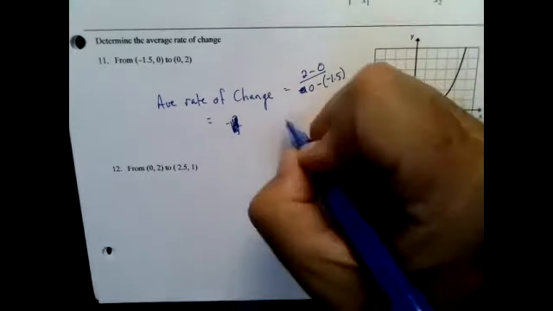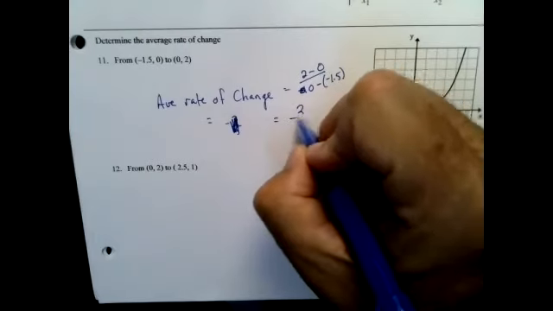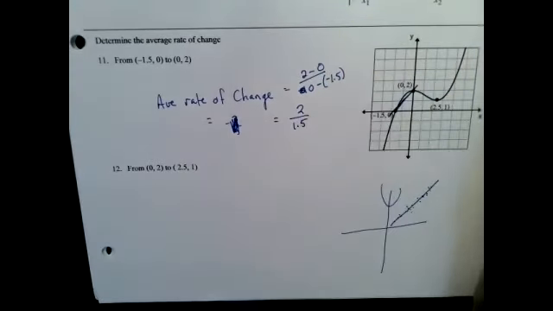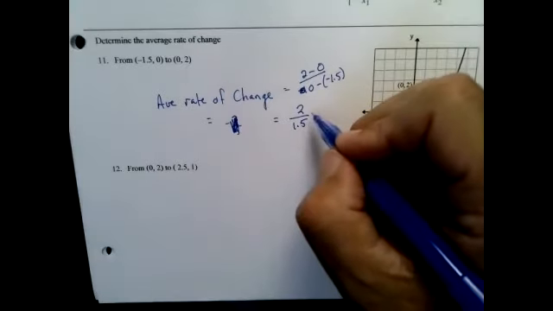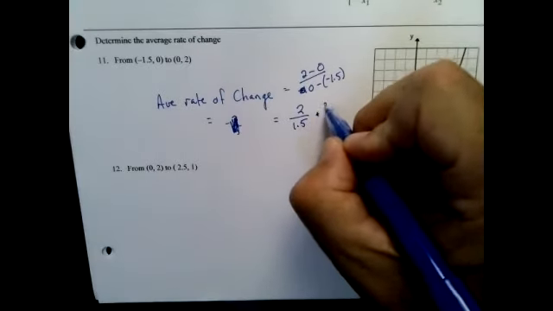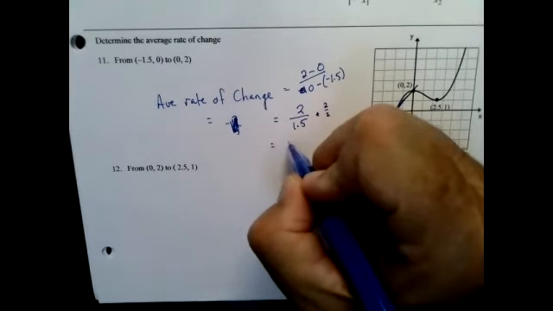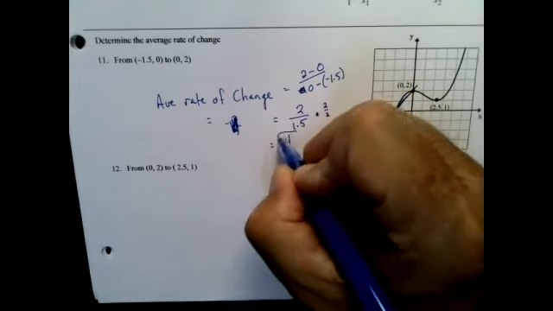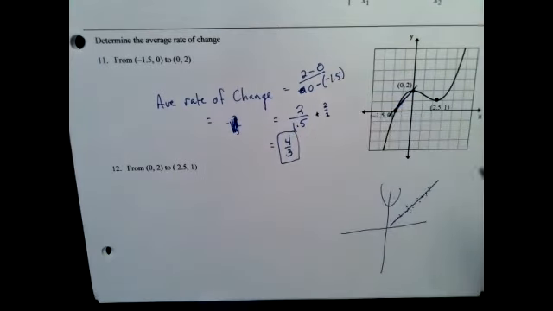She said, get rid of that. I get 2 over 1.5. If I double this, multiply top and bottom by 2. 2 over 2 is the same as 1. I get 4/3. I like it. I love it.